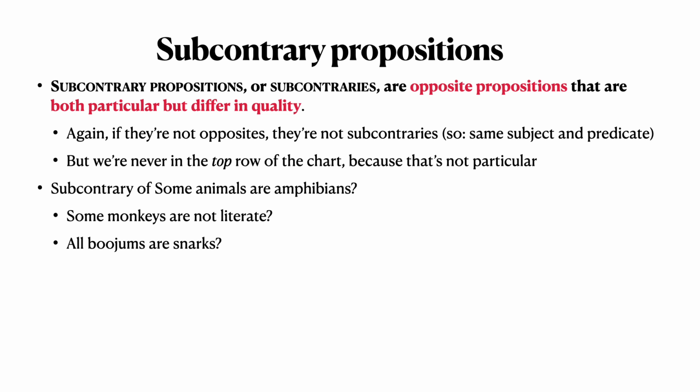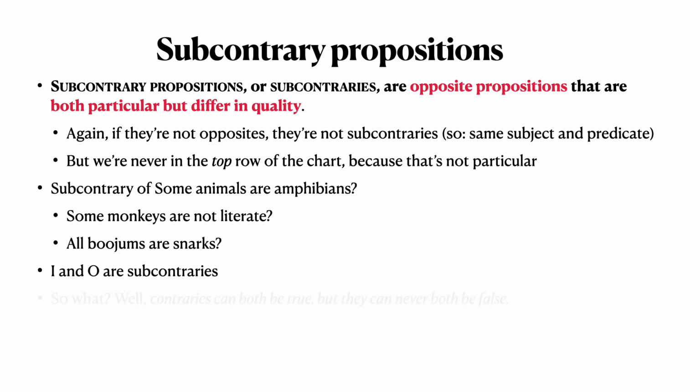That has no subcontrary because it's an A proposition, a universal proposition. A and E have no subcontraries. They're the contraries, and the I and O are the subcontraries. So note that means that the contrary relationship is at the top of our chart, A and E, and the subcontrary relationship is at the bottom of the chart. The subcontrary is below the contrary.